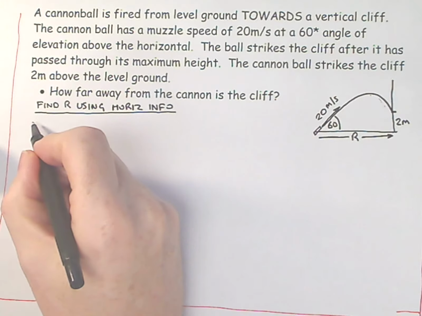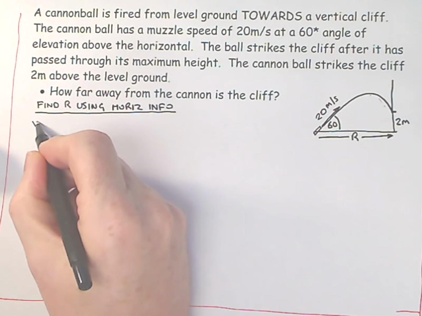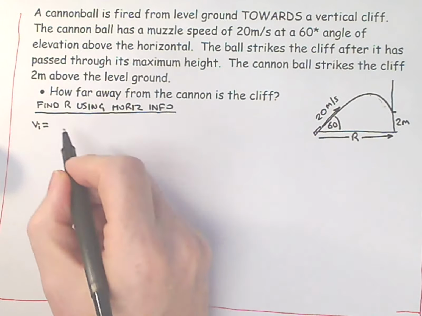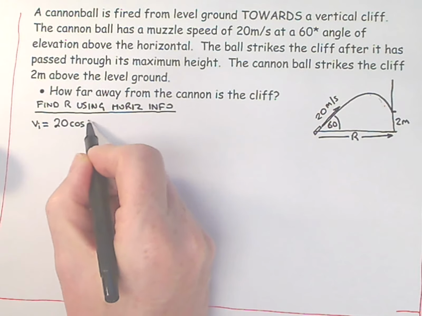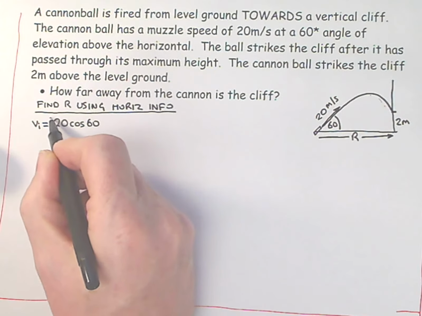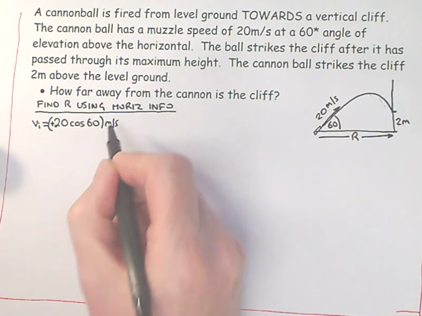And so I make my list for horizontal information, and I see that my vi horizontally is equal to 20 cosine 60. It's positive 20 cosine 60 because it's going to the right, meters per second.